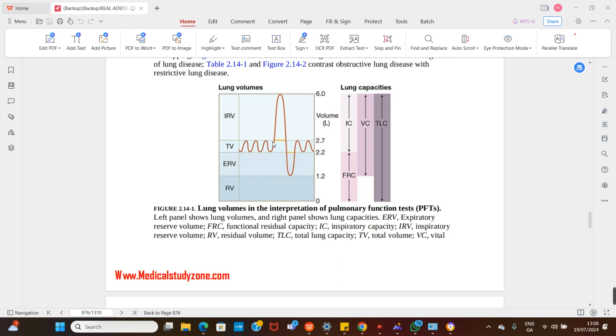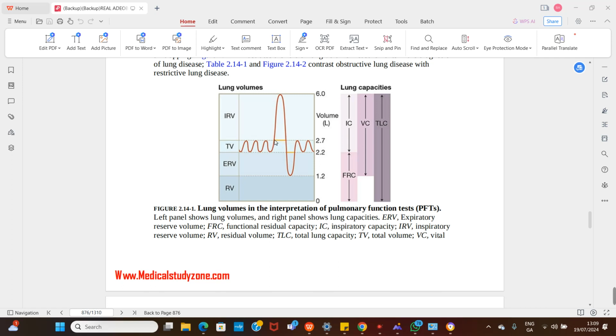But I don't want to take it out. I want to take in more extra by exerting much more inspiratory effort. So that extra amount of volume you can take in beyond the normal tidal volume is what you call the inspiratory reserve volume. And that is usually around 3.3 liters.